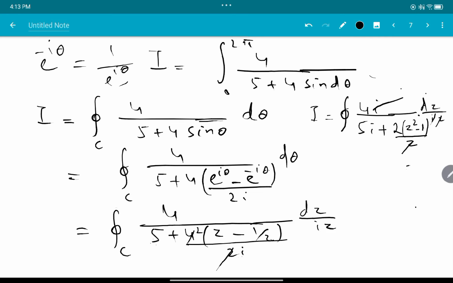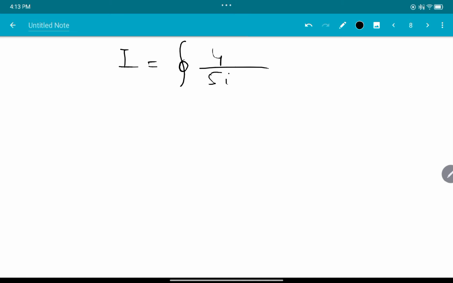5i plus 2z square minus 2. Multiply this z square minus 1 with 2, that's 2z square minus 2, then dz. Now 4 can be taken out, so you have 4 times the integral.